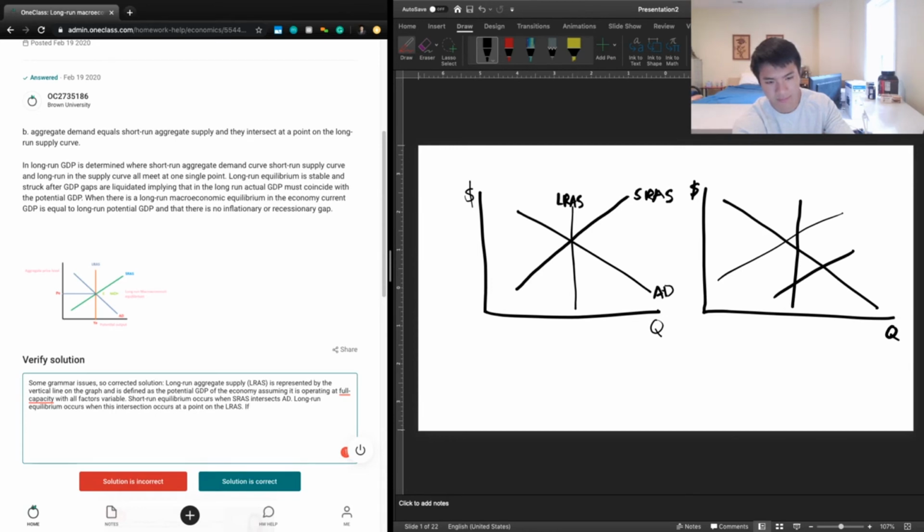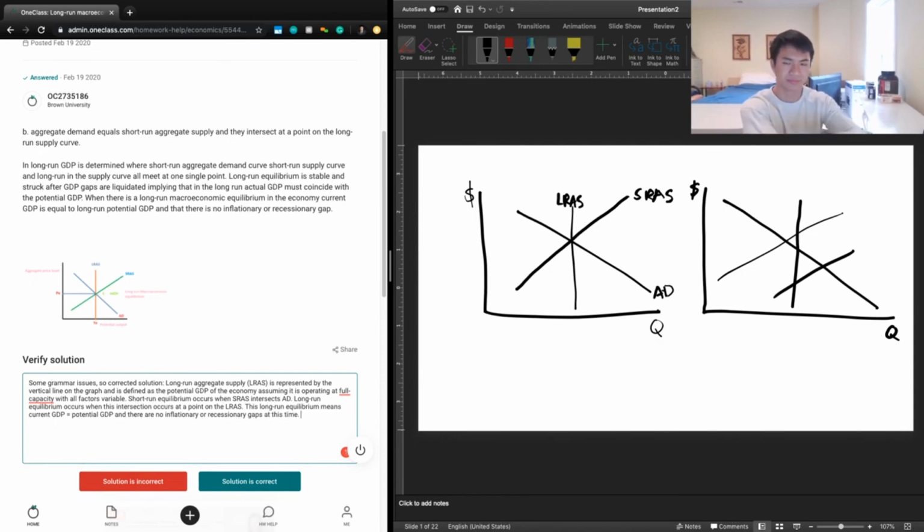This long run equilibrium means current GDP is equal to potential GDP, and there are no inflationary or recessionary gaps at this time. So we're going to rephrase that last sentence, which is pretty good.